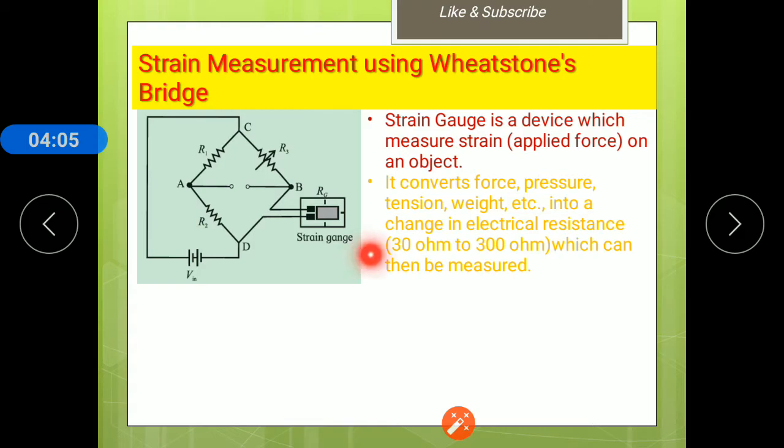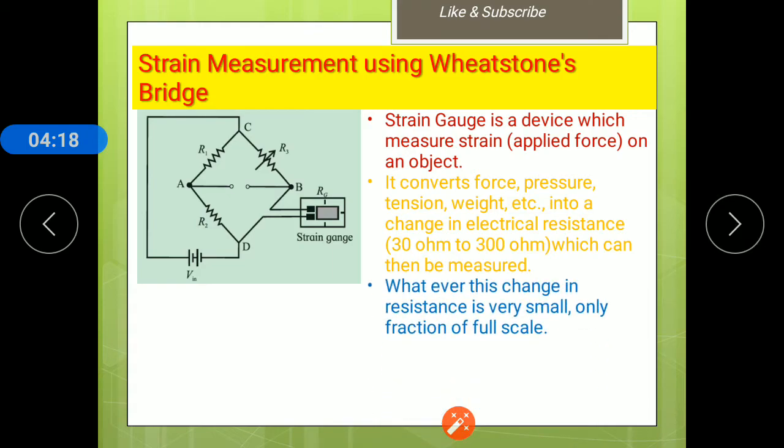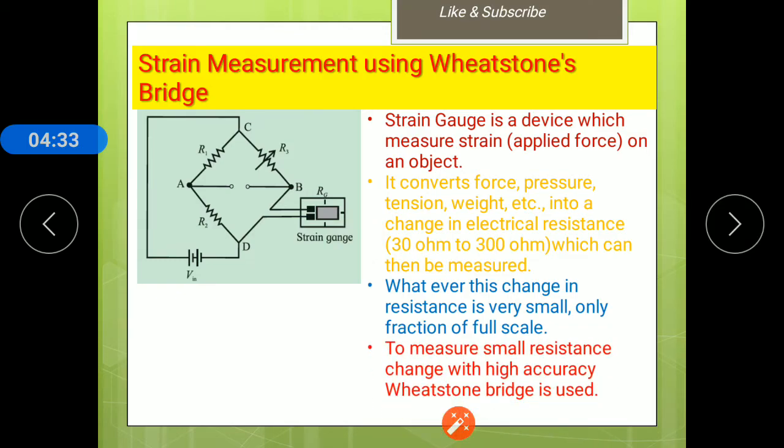The change in resistance is between 30 ohm and 300 ohm, and it can be measured using the Wheatstone balance condition. The change in strain gauge resistance by applying force is very small, a fraction of full scale, and to measure this small resistance with high accuracy, the Wheatstone bridge is used.